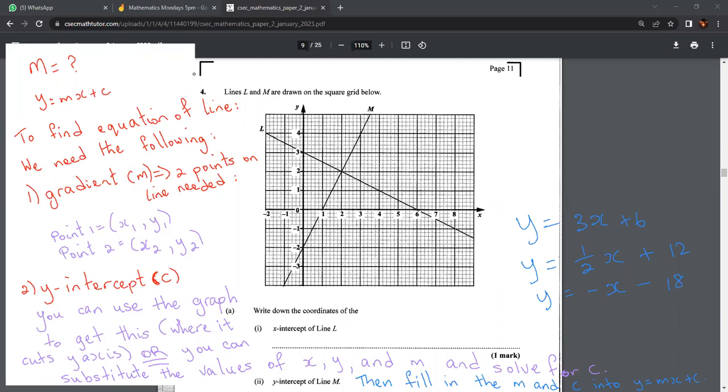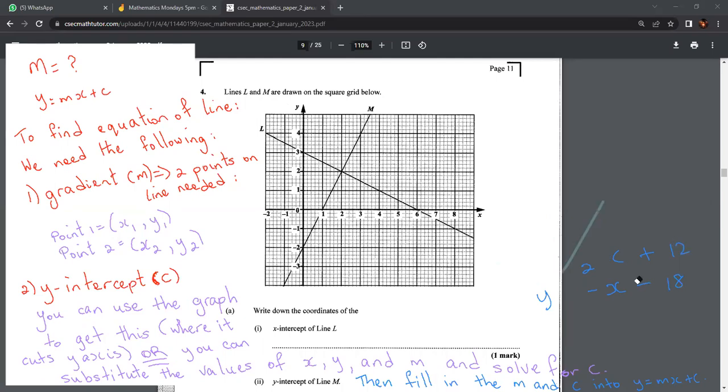It's always in that form. So in order to get your equation, you must have your values of m and c. So we want to know how we are going to get them.